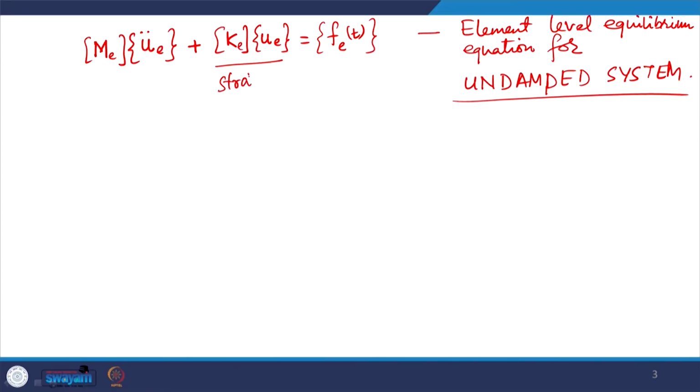So, this term represents strain energy, it will be storing strain energy, half u transpose k u, that is the strain energy stored, and this represents the strain energy contribution, and this represents the kinetic energy contribution. So, half u dot multiplied by m u dot.